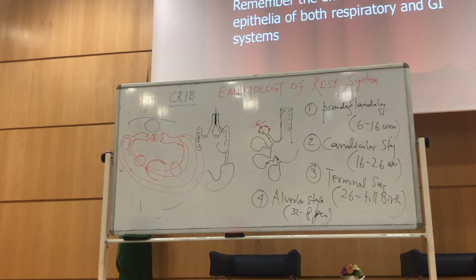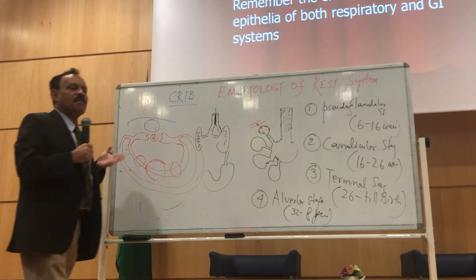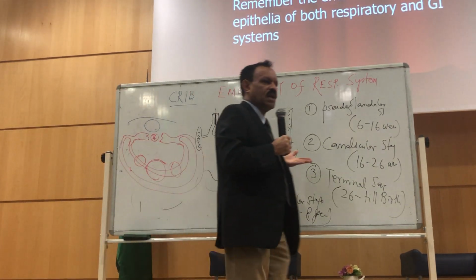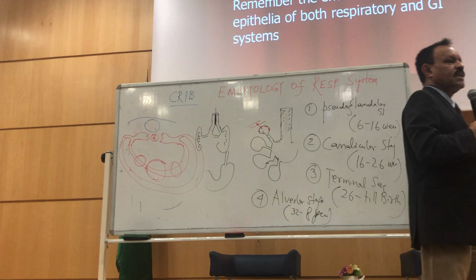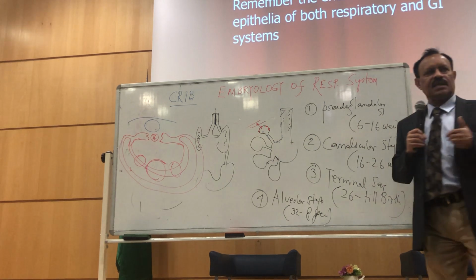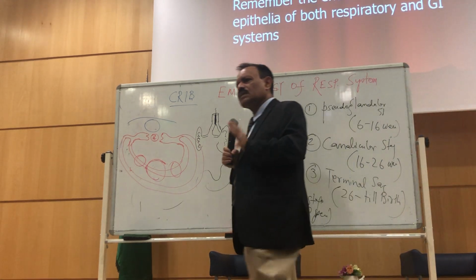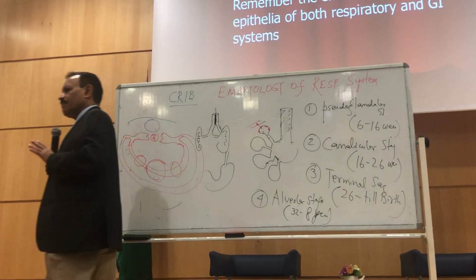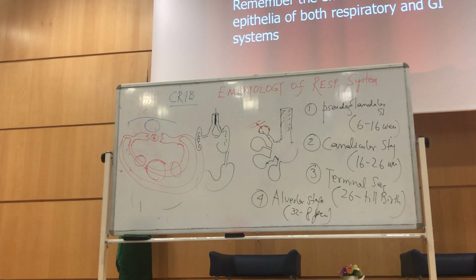If I say there is a parietal pleura, which is somatic in origin, it must be coming from the somatic mesoderm because it's supplied by two nerves. They are somatic nerves. They are either the intercostal nerve or the phrenic nerve. Very easy. If I ask someone the question, it is not rocket science.